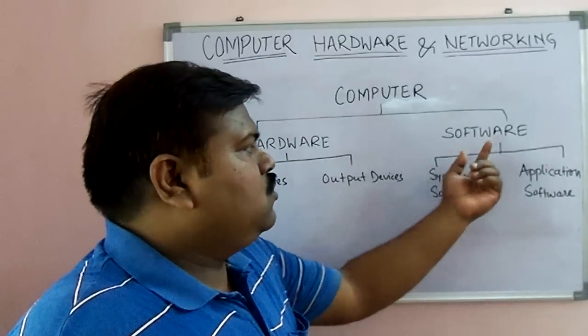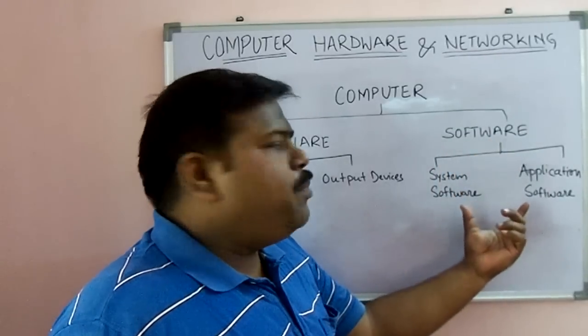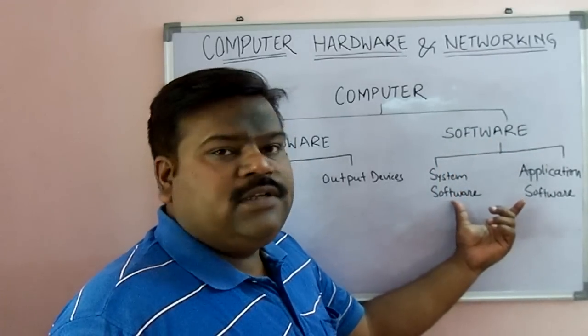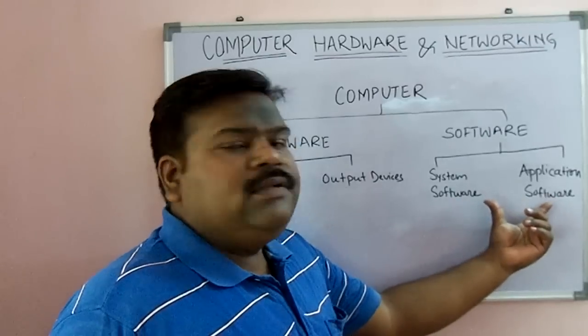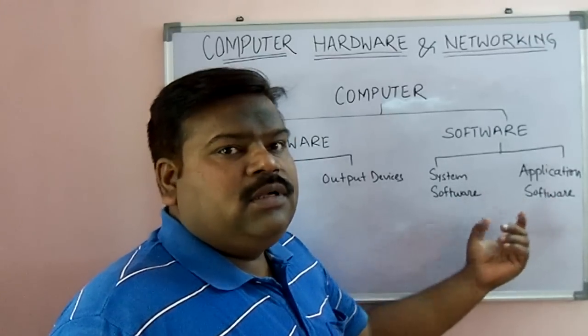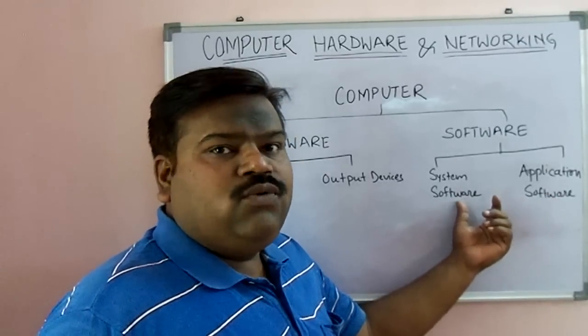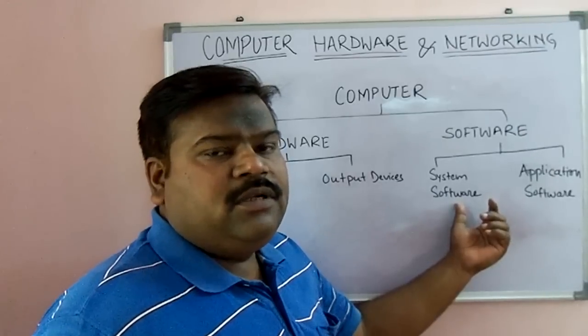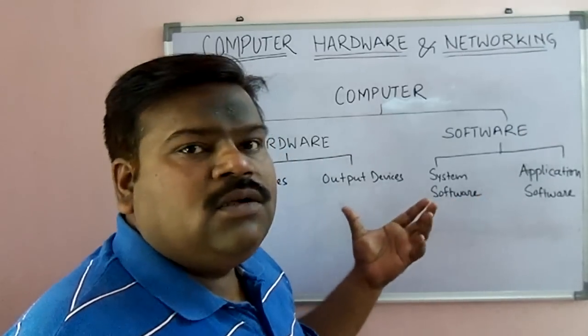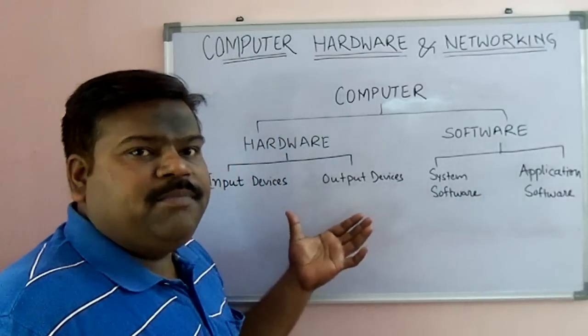Likewise, software is also classified into two parts. First is system software, another is application software. System software is also known as operating system. We will see all these things step by step.